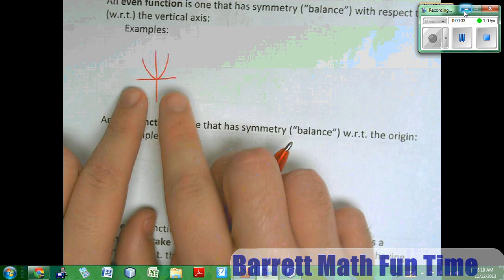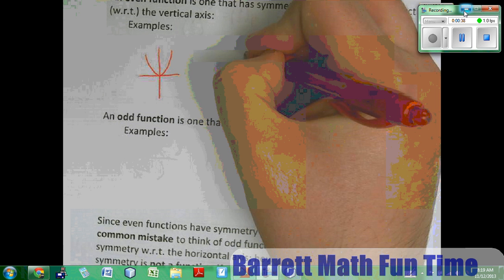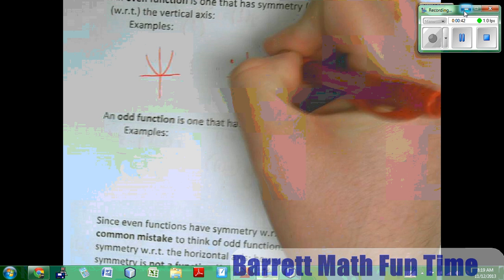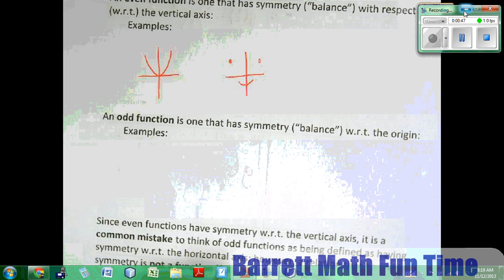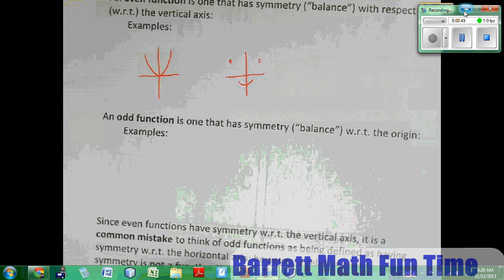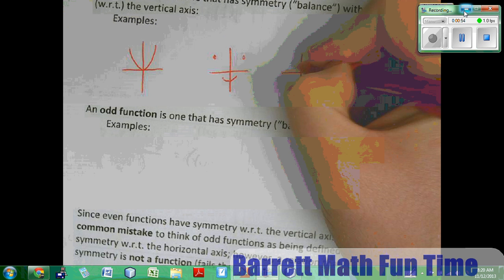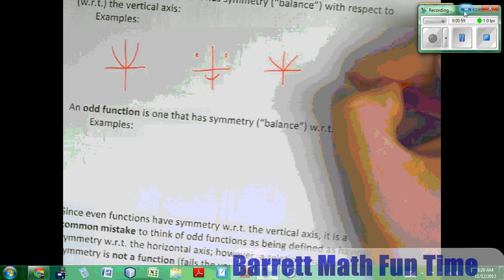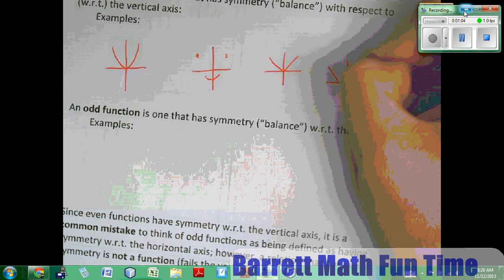You could fold it in half, or that, or that, or that.